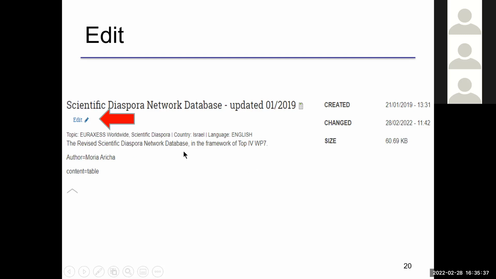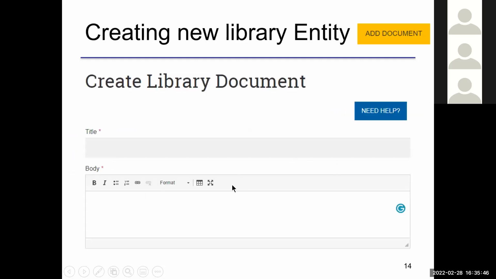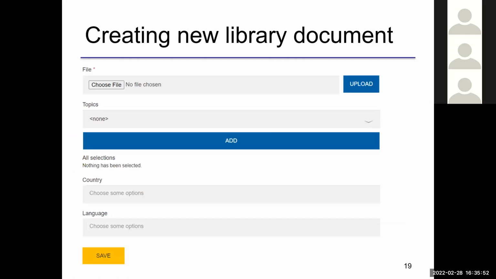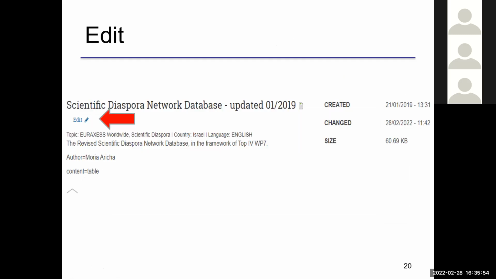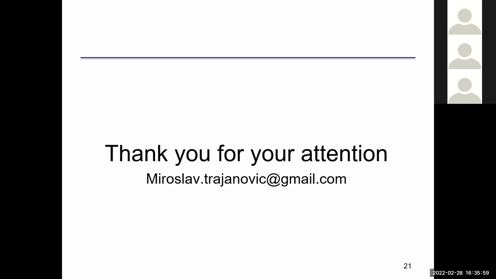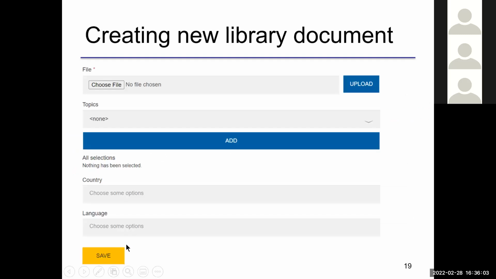Let's say you have a spelling mistake here. So you can press edit, and then once again, you will get this form. You can change anything, including topics, including subtopics, including country, language, and then once again you will press save, and in this way you will correct your mistakes.